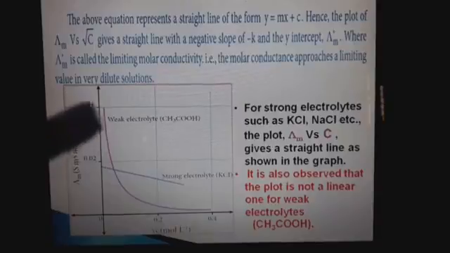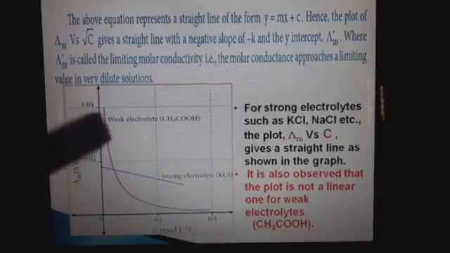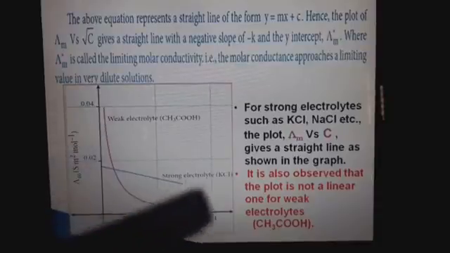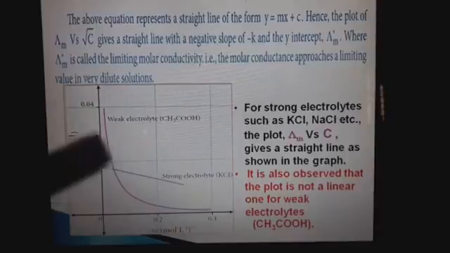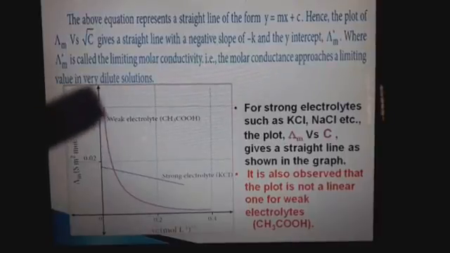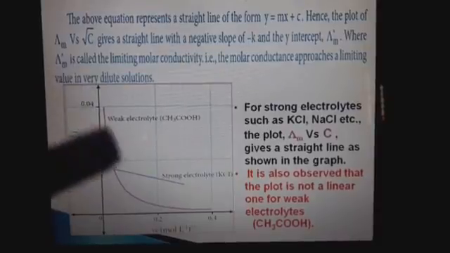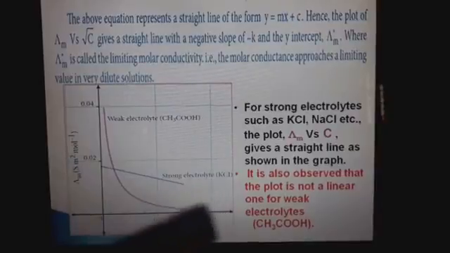From this graph, for the weak electrolyte, the molar conductance decreases with the increase of root c value. This is the conclusion from this graph. On the y-axis, from top to bottom, the value decreases, and again it reaches 0 at one point.